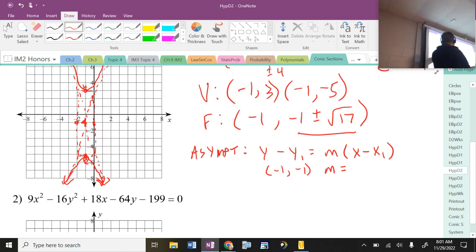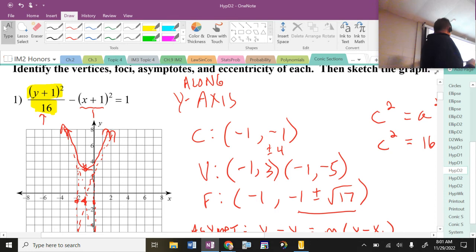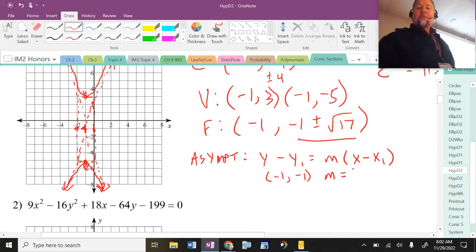So from here, 1, 2, 3, 4 over 1, or what I told you, the slope is always y-axis radius, rise, over x-axis radius, run. So the square root of 16 is 4, square root of 1 is 1, 4 over 1, and it's both plus and minus 4 over 1. So filling this out, you're allowed to write this.